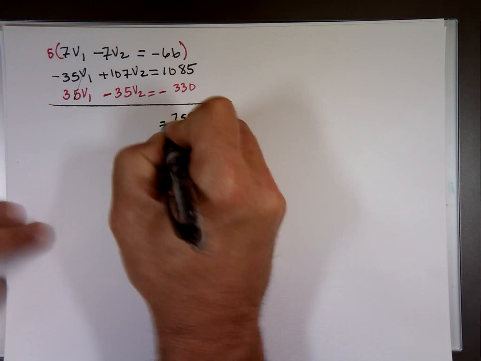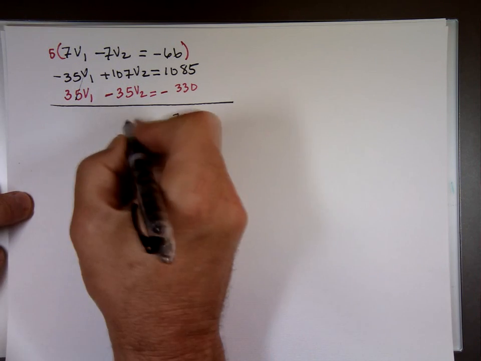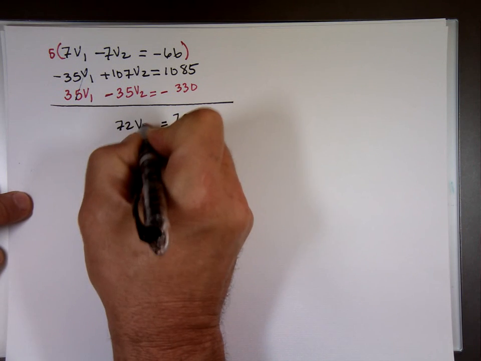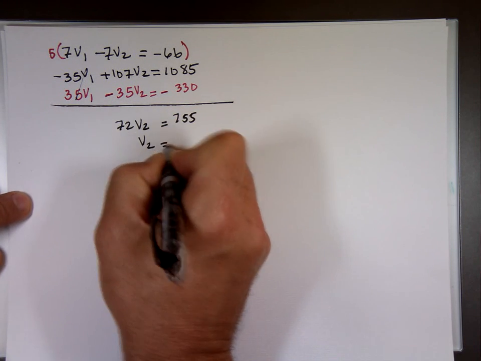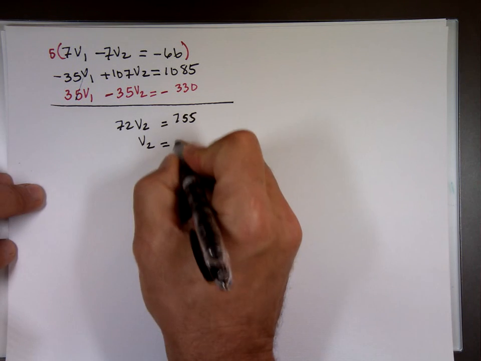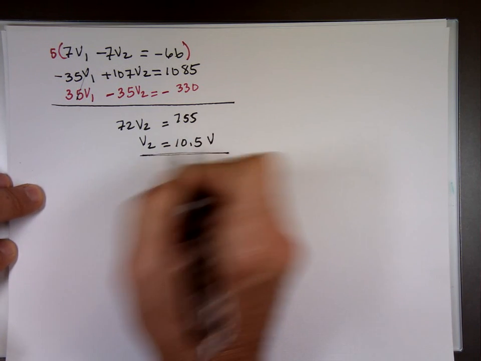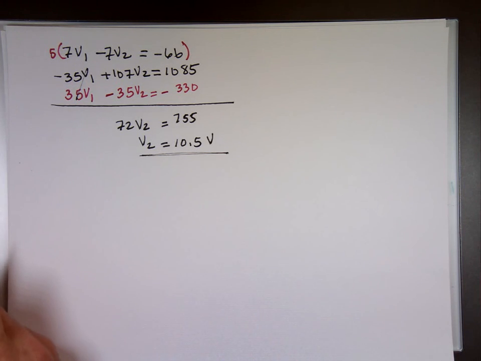107 minus the 35, 72 V2. What's V2 equal to? 10.486, about 10.5 roughly. If I know V2, can I find V1?